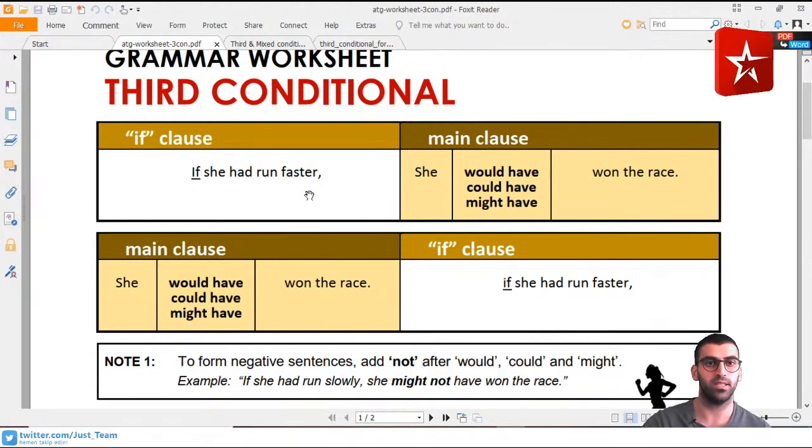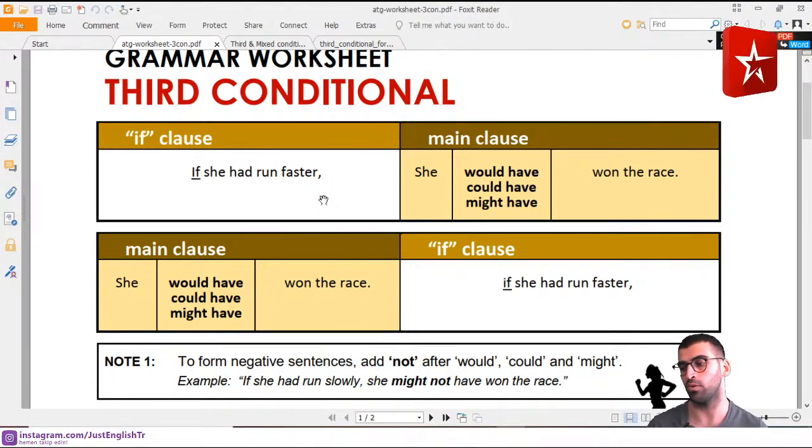And here we have the example sentence. If she had run faster, she would have won the race. She could have won the race, or she might have won the race. To show possibility in the situation, we can use could or might in the main clause.